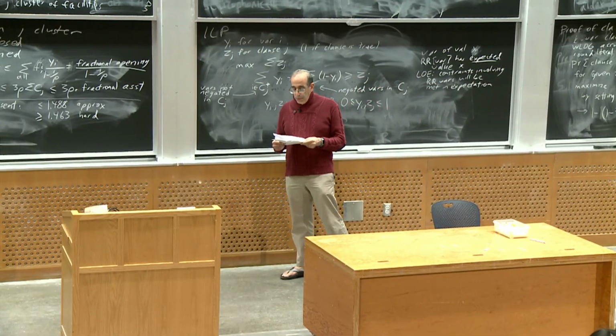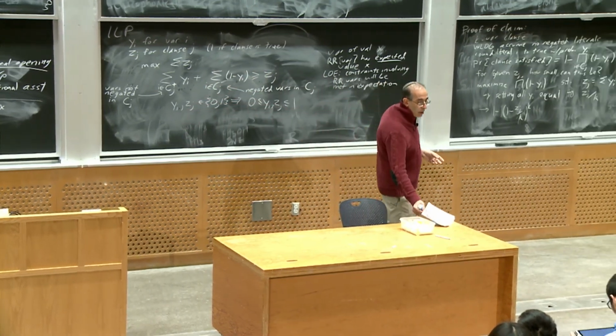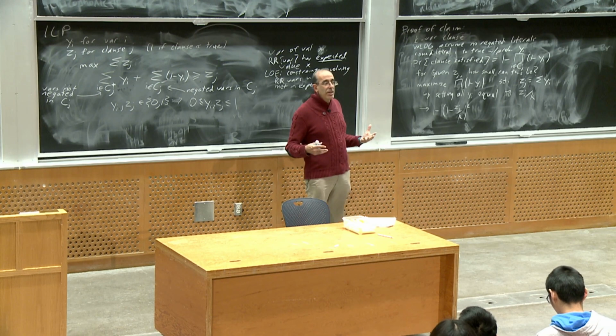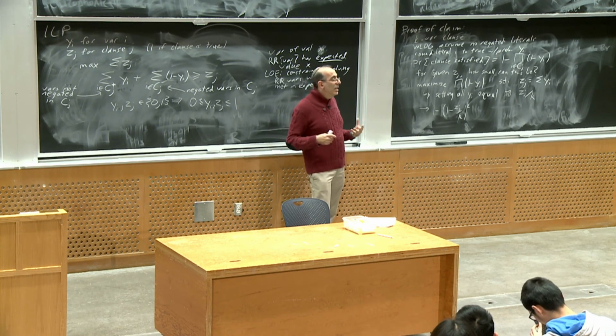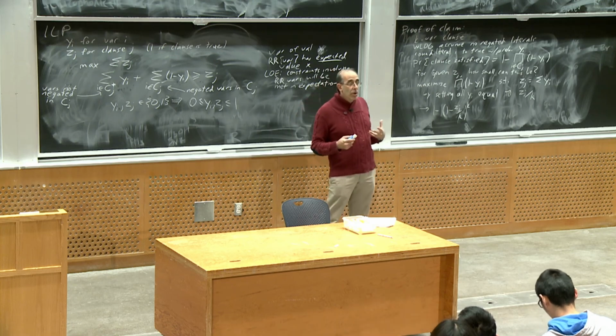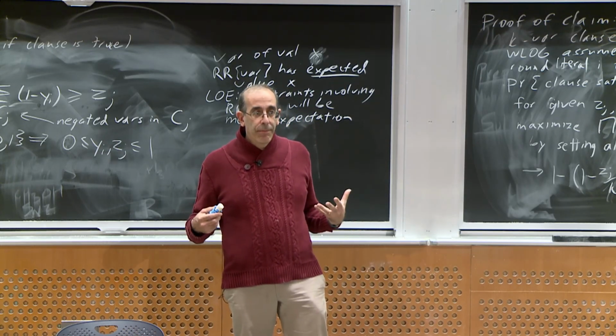Just to wrap up this story of MaxSat, satisfiability is, as I mentioned, this canonical NP-hard problem, the one that got a lot of attention. In a similar vein, there's been a lot of work on the MaxSat problem in terms of its hardness of approximation.